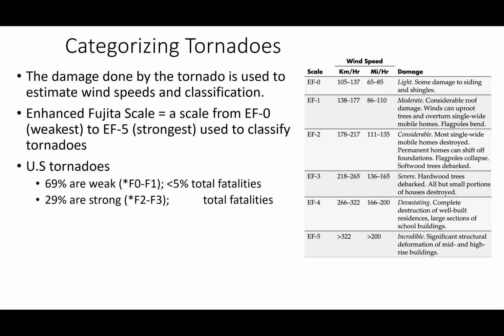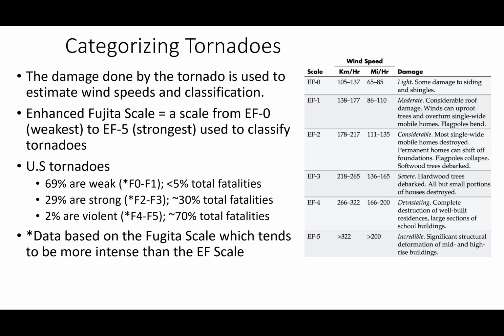Then about 30% are middle, plus less than 2%, okay? You do have some people killed in the middle ones, but only 2% are your EF 4s and 5s, and of that 2% is where 70% of people are killed.